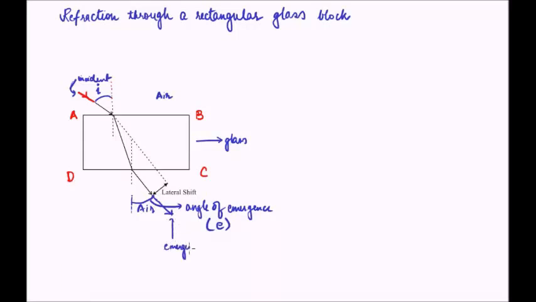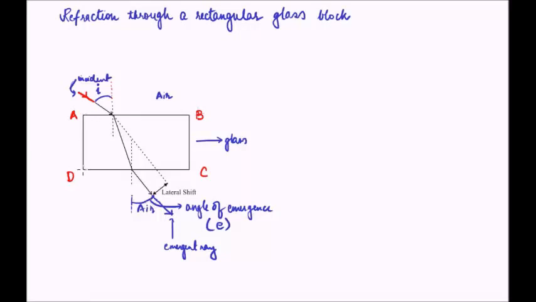It's the fact that the incident ray, that is this, the incident ray, and this is called the emergent ray. So the interesting fact which I was talking about is that the incident ray and the emergent ray are parallel to each other.